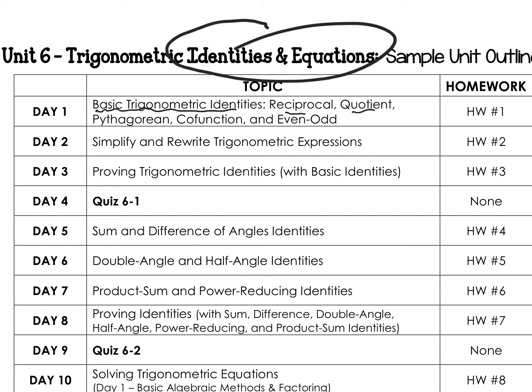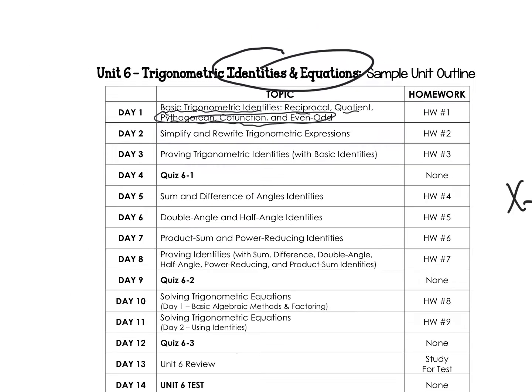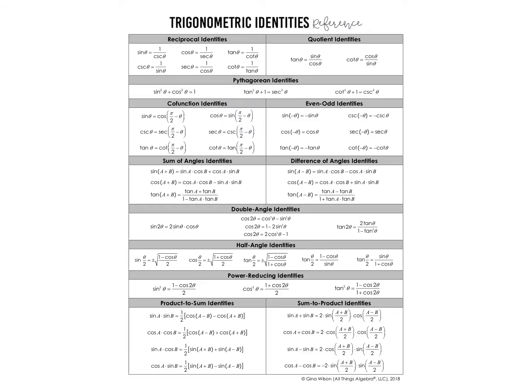But new ones would be Pythagorean, cofunction, even and odd. I did give you a copy of this trig identity chart. Again, this can be added to your cheat sheet. You can use this whenever you need to, especially until you get really good at these identities.